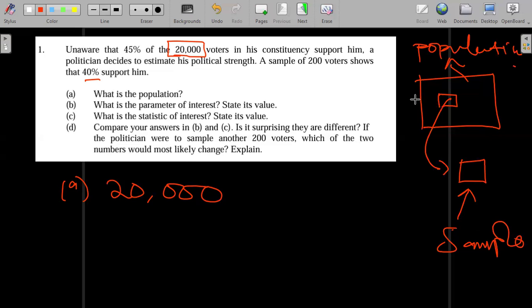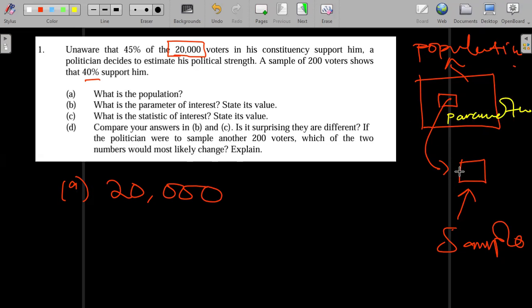So now, the characteristics that describe something about the population, we call those parameters. Something that describes the population, we call it a parameter.